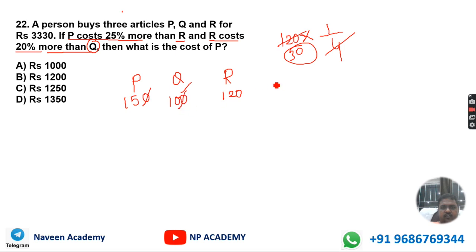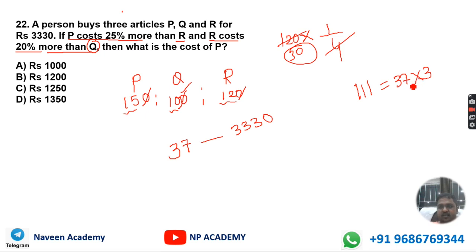The ratio will be, zeros cancel, so 15 is to 10 is to 12. So total, my dear friends, 15 plus 10 is 25, plus 12 will be 37. So 37 parts is equal to 3330. See everybody, 111, 222, 333 are multiples of 37 into 3.